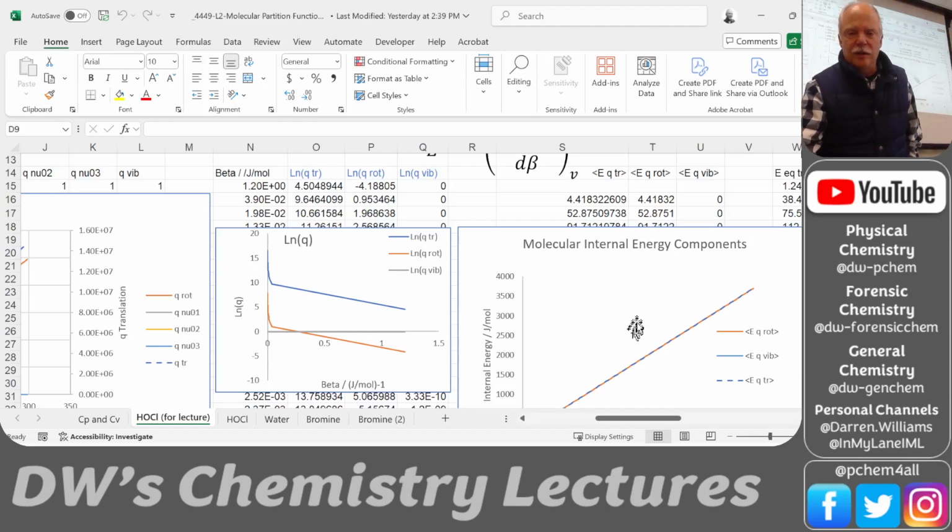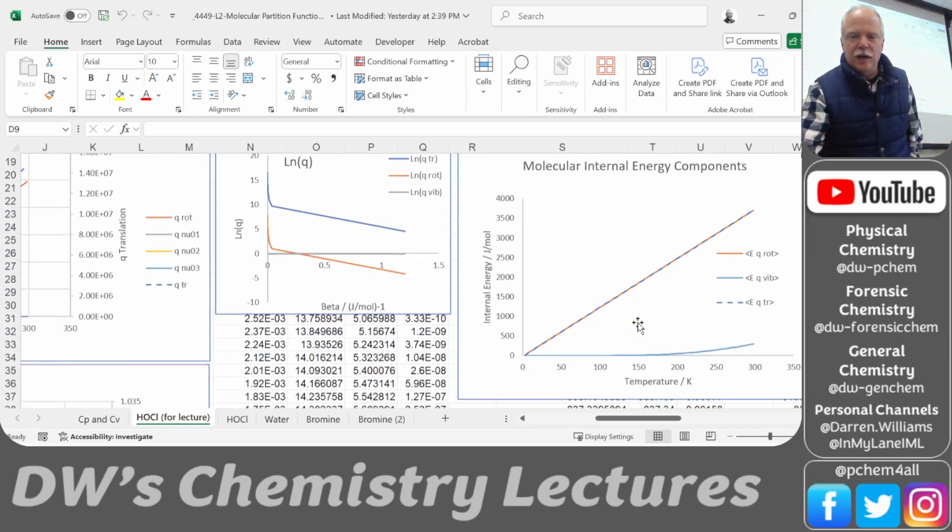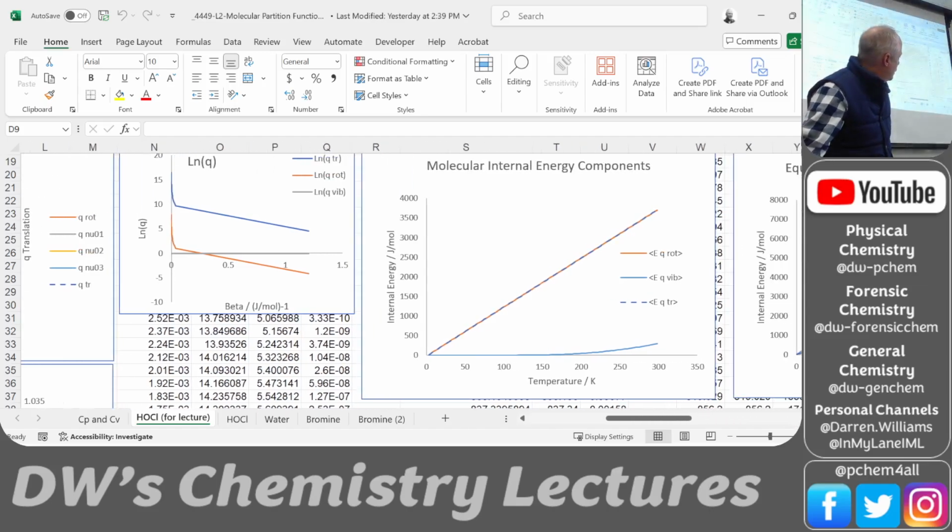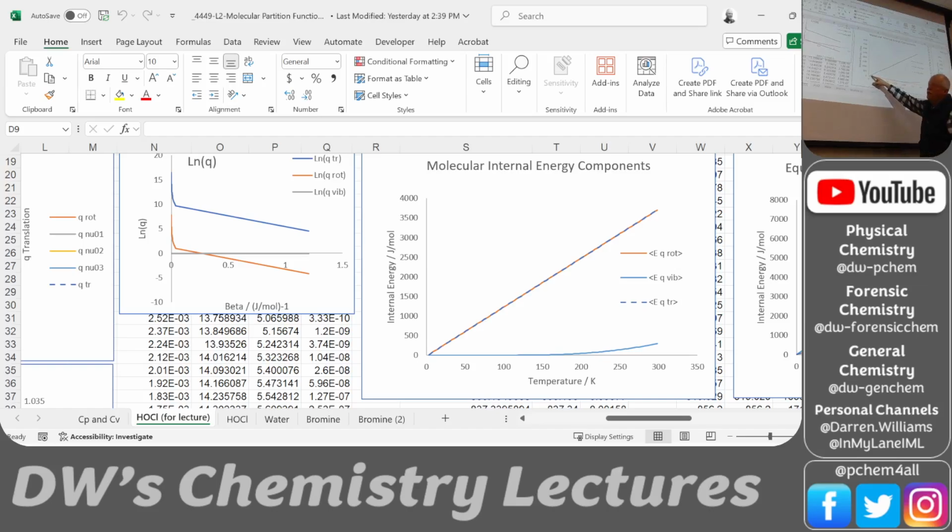So over here, these are the energy components, the molecular energy components, as a function of temperature. So you see the vibration is not contributing to the energy of the molecule at all until you start to get to 200 Kelvin, and it starts to creep up a little bit. But most of the energy of this molecule is being stored in translation and rotational motion.